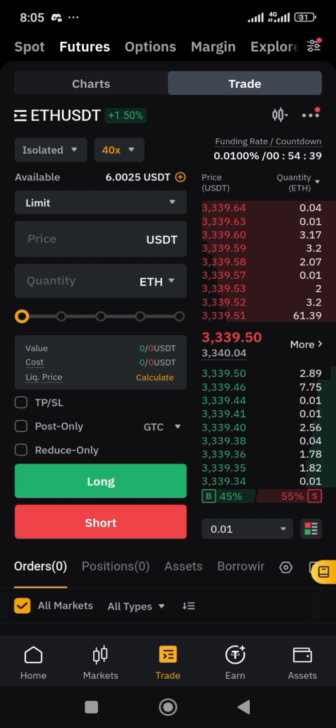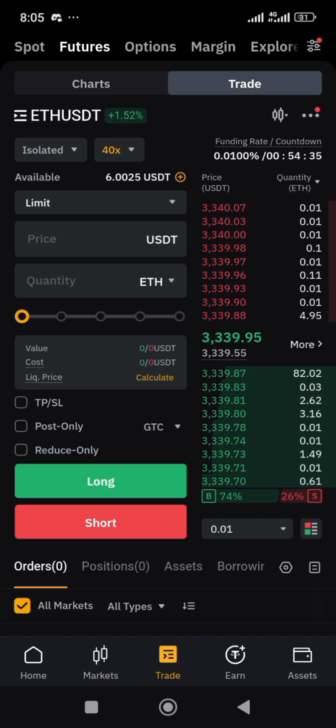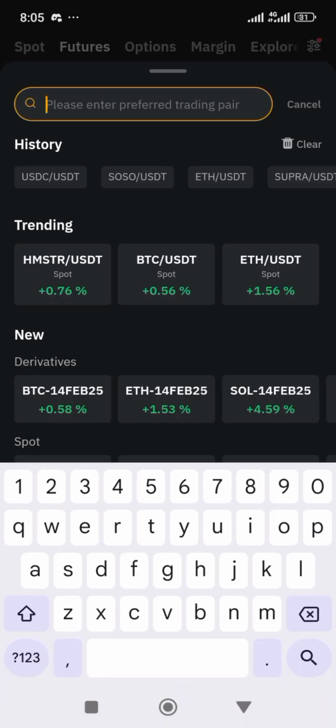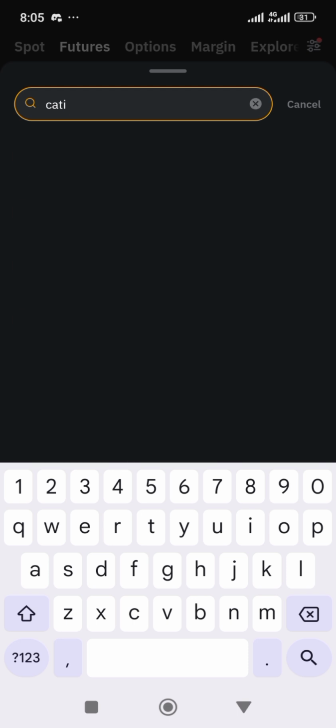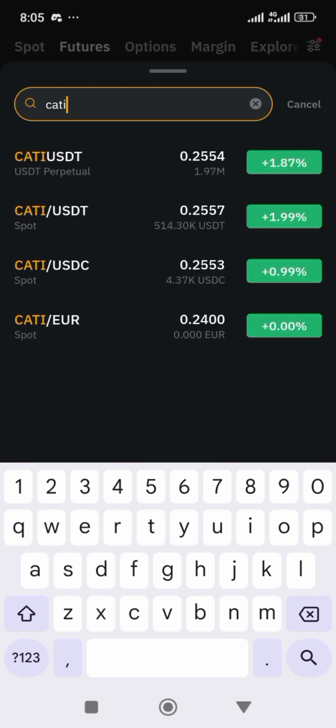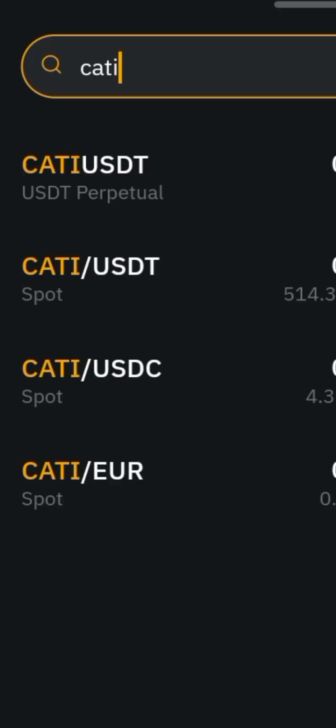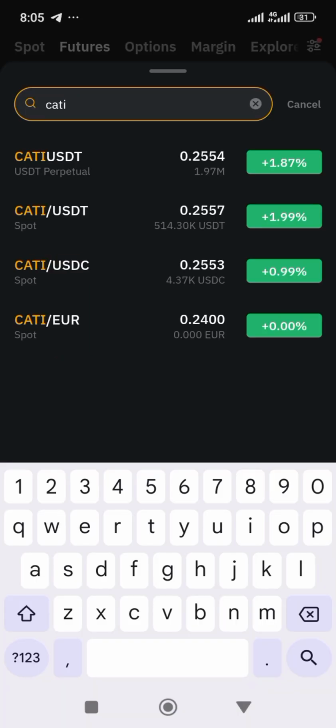And then when you buy with your entry point, let's use that same CATI for example. CATI USDT, yes, that's the CATI USDT pair. USDT perpetual, and then you have spot and you have perpetual. Perpetual is the same as futures. So we are doing perpetual right now.